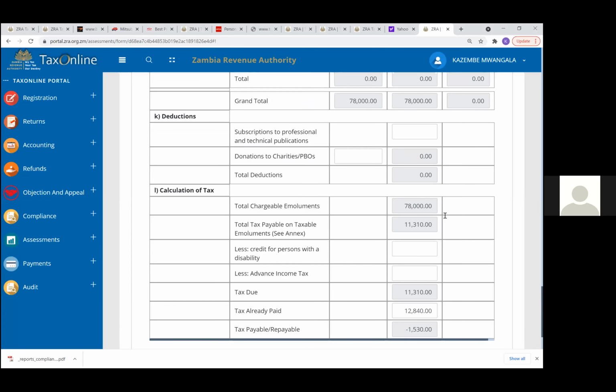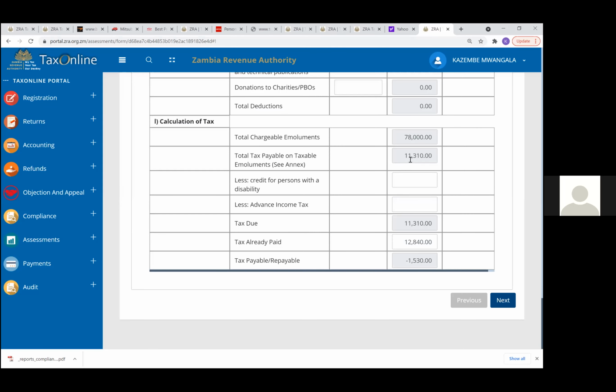So when we do a calculation of that sort, we are told that what this person is supposed to pay on the 78,000 kwacha is 11,310 kwacha, but they have already paid 12,840. Therefore, the difference, which is 1,530 kwacha, is a refund that will be due to them.